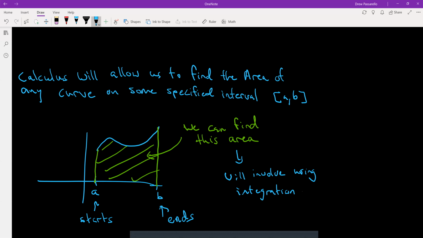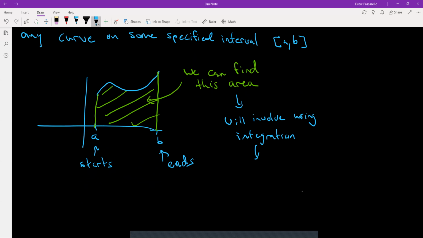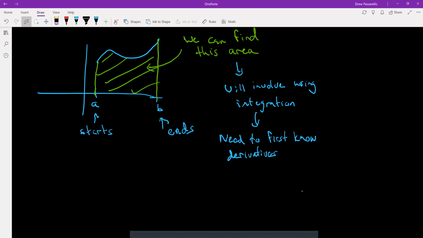All right, and in order to do the integration, we need to first know derivatives. And again, before we even know what derivatives are, we need to first know limits.